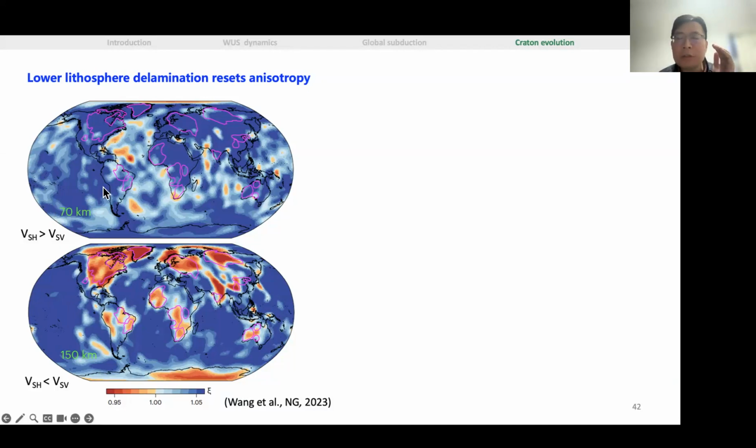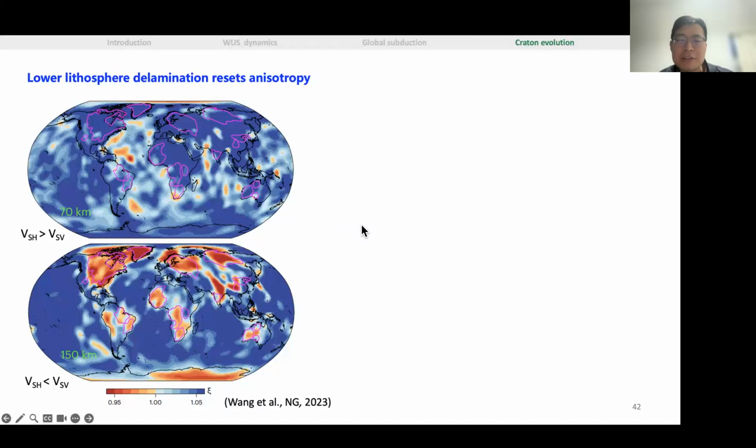While the upper lithosphere, above 70 kilometers, is VSH dominant, so horizontal fabric dominant, where the deformation is mostly shearing in the lateral plane. That is not delamination, at least. So we are saying the upper and lower lithosphere are decoupled. I hope that answers your question.